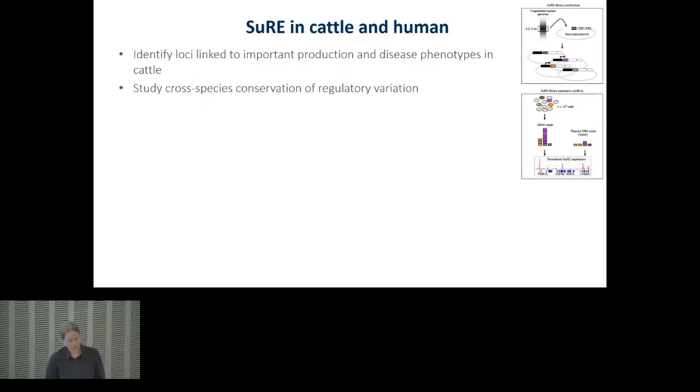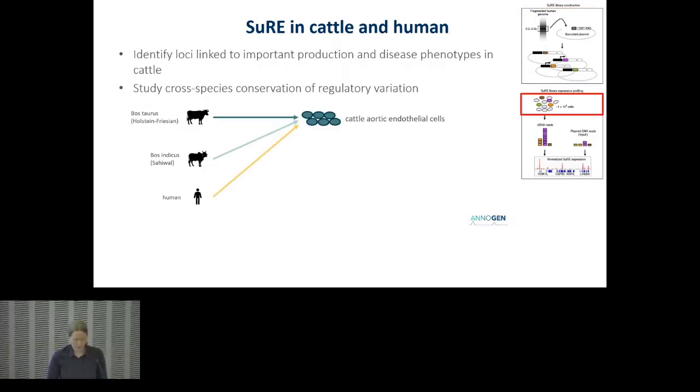The aim of SURE in our group, which we're doing mainly in cattle, is to identify loci that are linked to important production and disease phenotypes in cattle, and also to study how this regulation is conserved across mammals. There are two subspecies of cattle arising from independent domestication events, and we've produced a SURE library from one animal from each of these subspecies, so one Bos taurus and one Bos indicus, and also a SURE library from a human sample for comparative analyses.